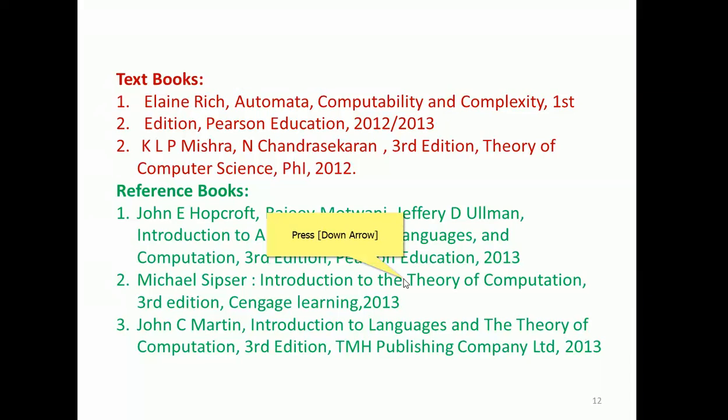Apart from these, there are also reference books: Hopcroft, Motwani, Ullman, Introduction to Automata Theory, Languages and Computation, Pearson Education; Michael Sipser, Introduction to the Theory of Computation, third edition; and John Martin, Introduction to Languages and the Theory of Computation, third edition, Tata McGraw Hill. From these books we can borrow most of the concepts.